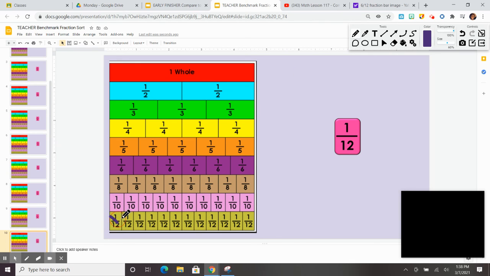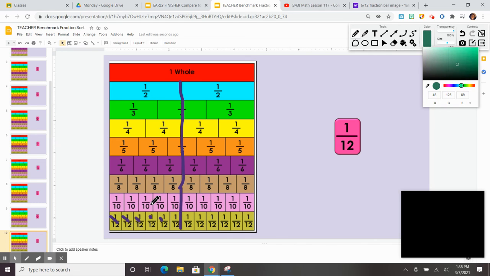Here I go, 1, 2, 3, 4, 5, 6. See how 6/12 and 1/2 line up at the same spot? That means they're equal. Well, I only have 1/12 that should be shaded. 1/12 ends here, so that means it's right up here.